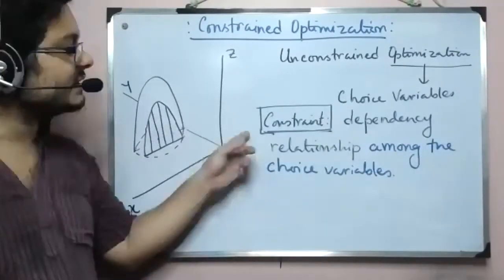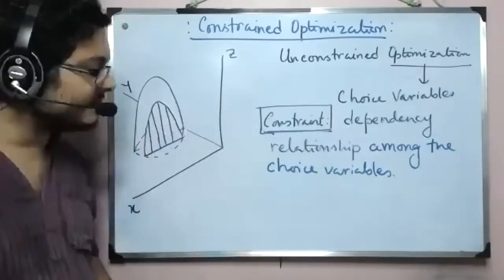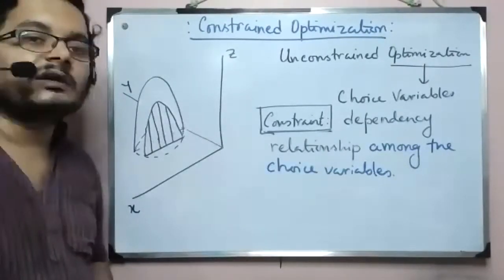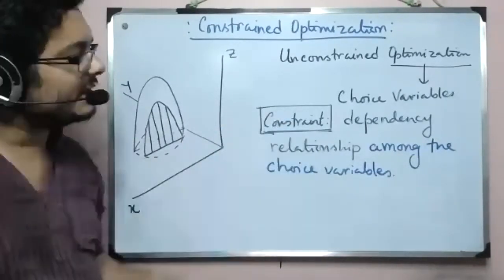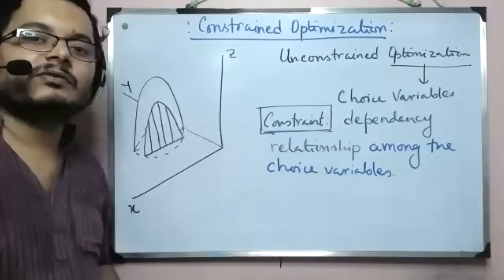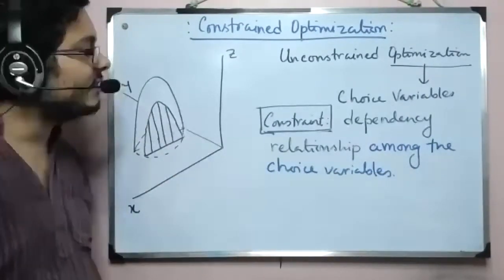But this is important, that the constraint is basically a dependency relationship among the choice variables, and the role of this dependency will become clear as we move into the details of constraint optimization.